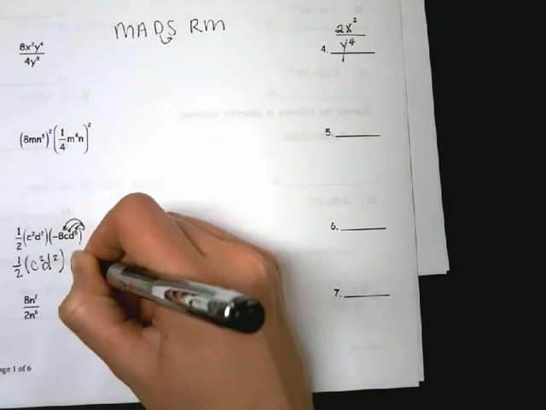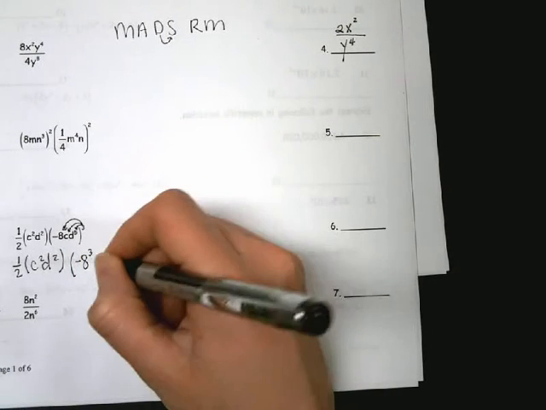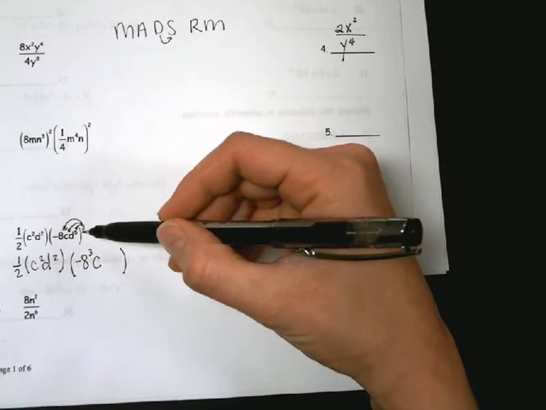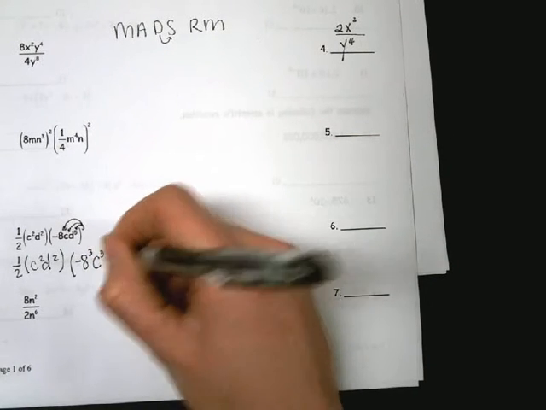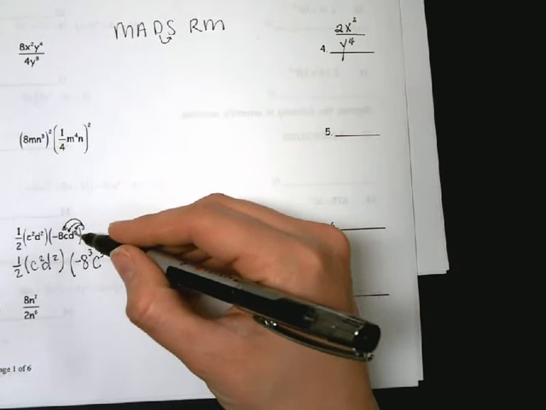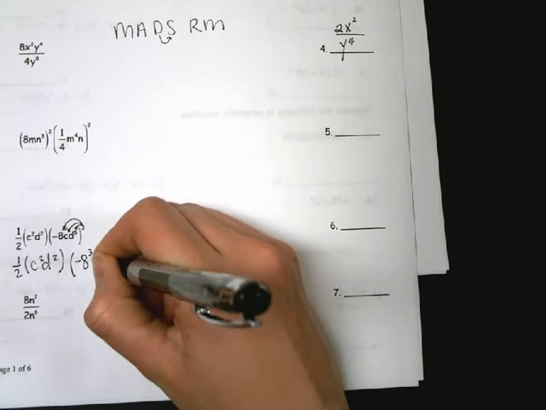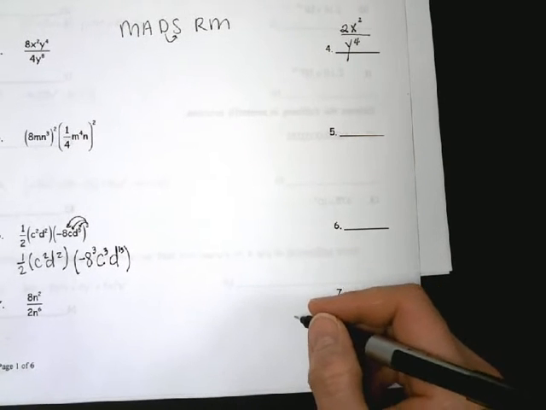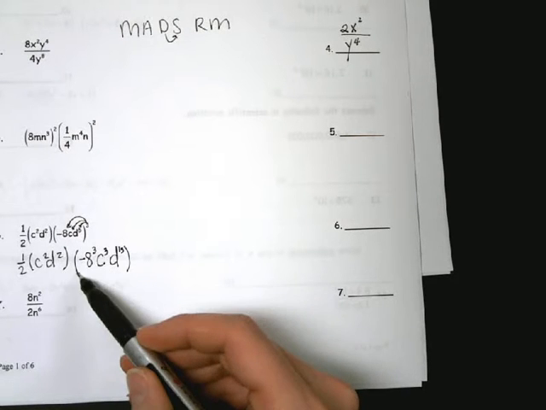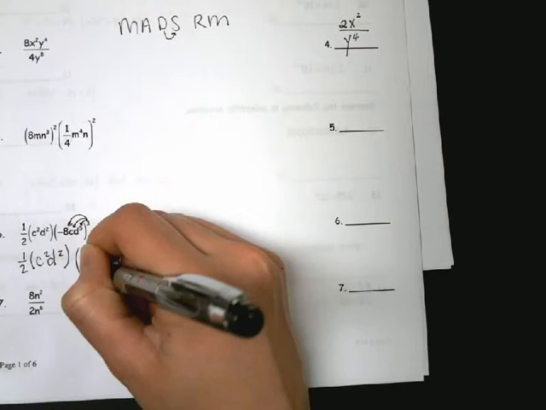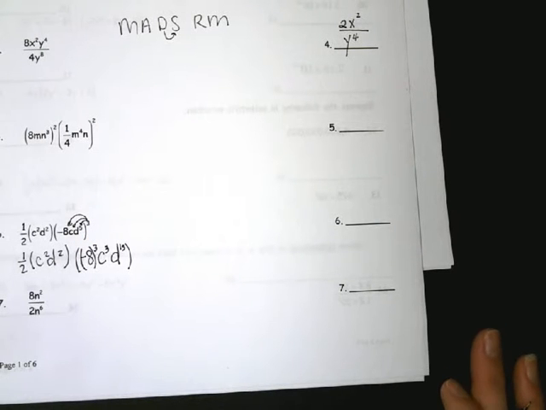So you get negative 8 cubed. C has like an invisible 1 right there, and so 1 times 3 is 3, so you get C cubed. And then D to the 5th cubed, I multiply those numbers to get D to the 15th. Now I want to go ahead and simplify this in my calculator, and make sure whenever you're putting in negative numbers, you always put them in parentheses before you raise them.